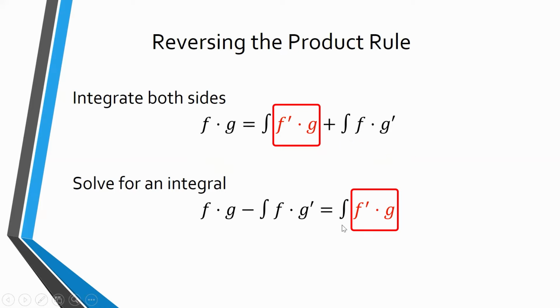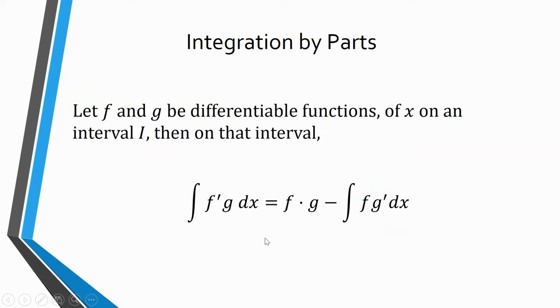When you do that, you get that the integral of f prime times g is equal to f times g not integrated minus the integral of f times g prime. That is integration by parts. That statement is essentially the formula for integration by parts.